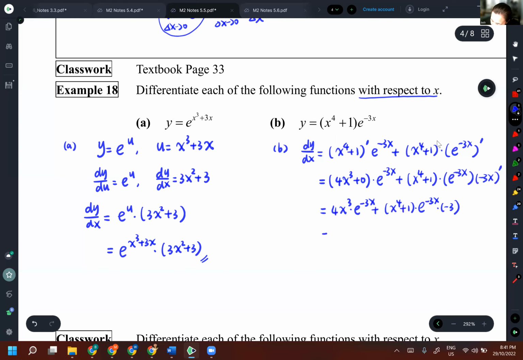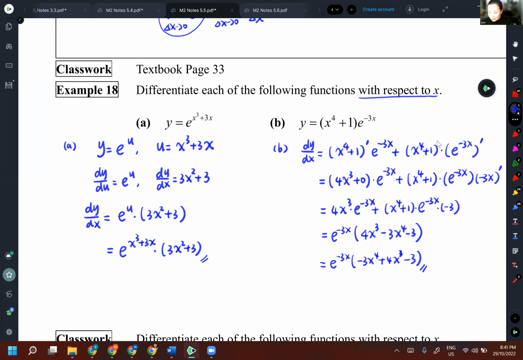To simplify, you need to separate the exponential from the polynomial. So you take out the exponential, you're left with 4x cubed minus 3x^4 minus 3. Perhaps I should rearrange it: negative 3x^4 plus 4x cubed minus 3. And then you're done. Then you do the classwork. I will ask some of you for the answer later.